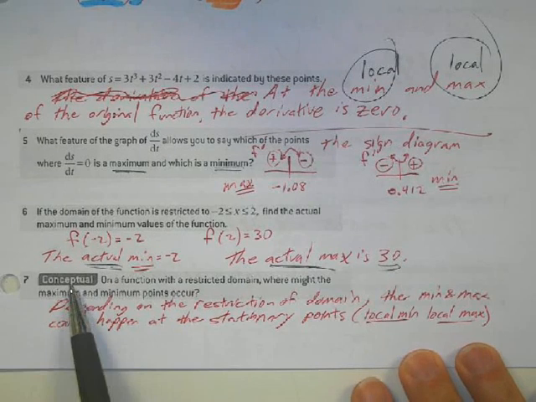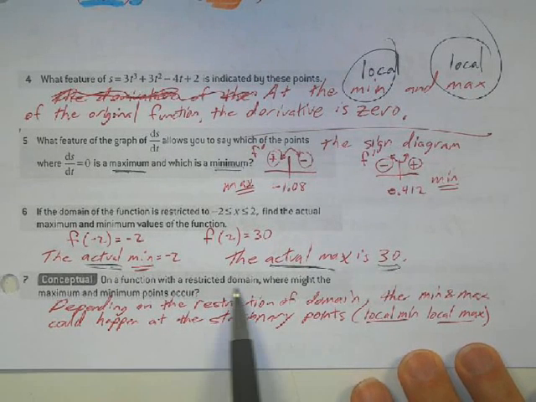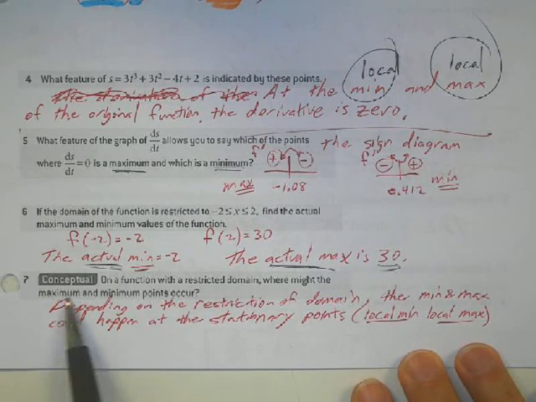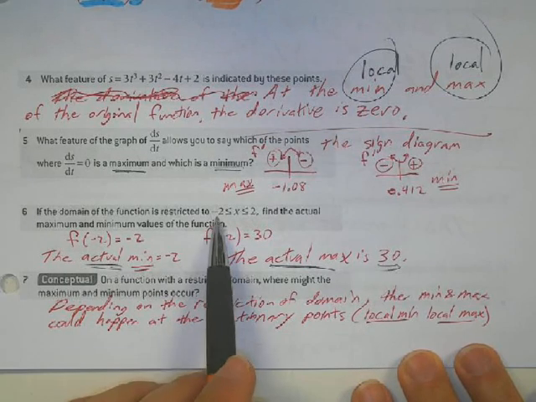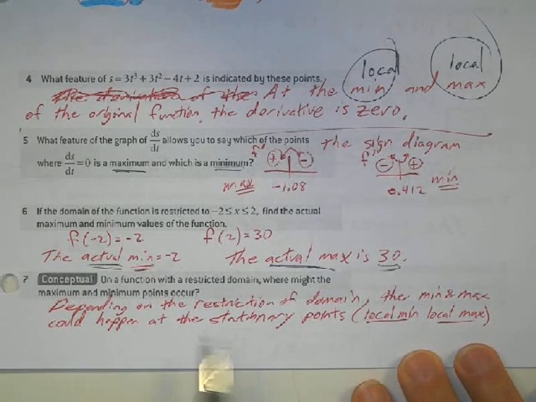Question 7, on a function with restricted domain, where might the maximum and minimums occur? So in this example, the maximum and minimums occurred at the negative 2 and the 2.